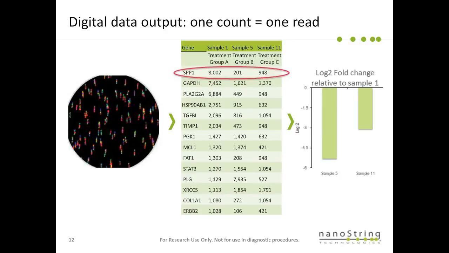Basically, that means we can detect 8,000 copies of that gene in the sample. While in group B there are only 200 of those transcripts, and in group C there are 948 copies. Then you can do a simple division between those columns, and you know the expression ratio between the different samples.